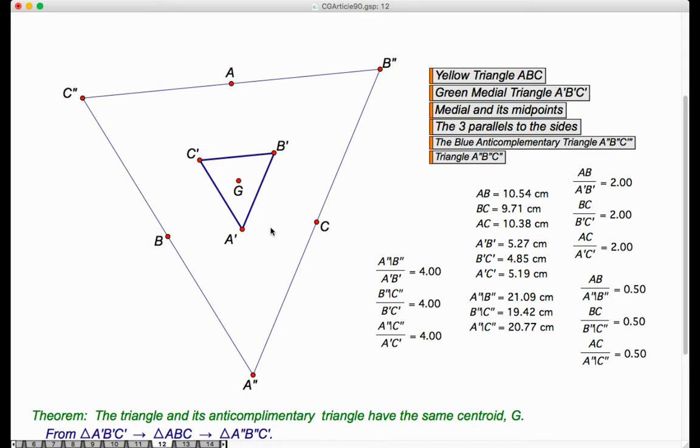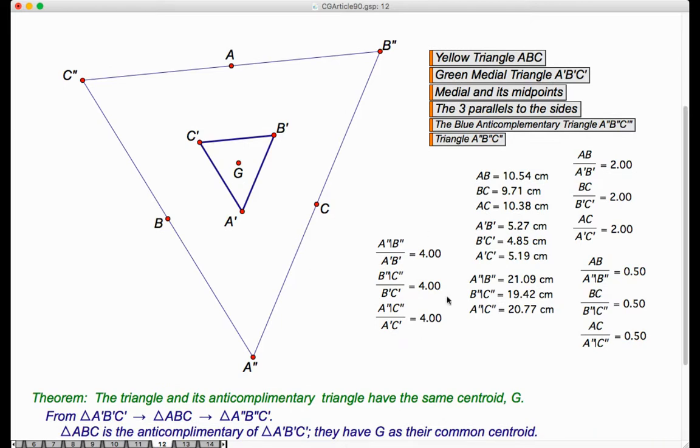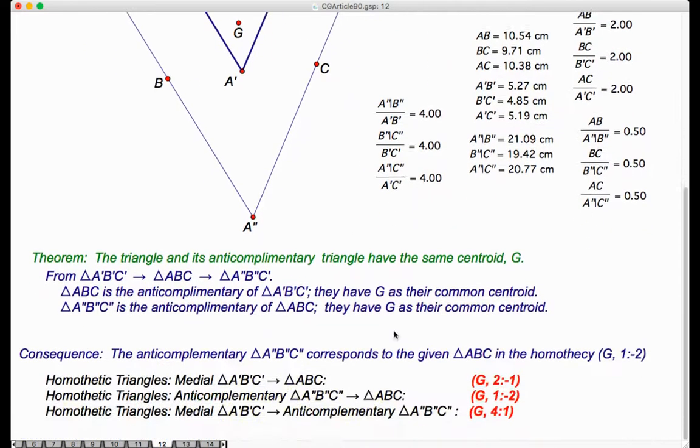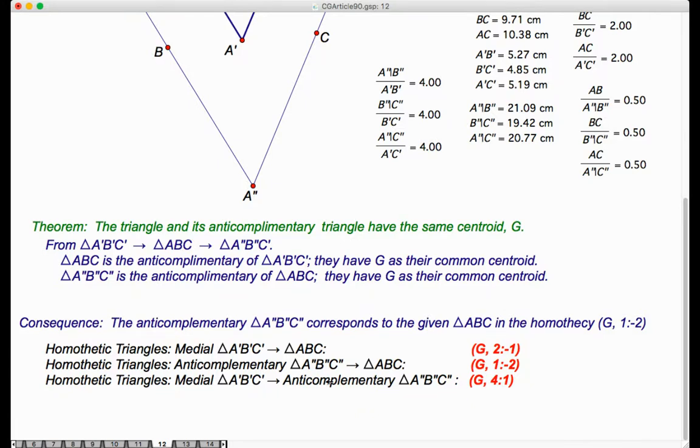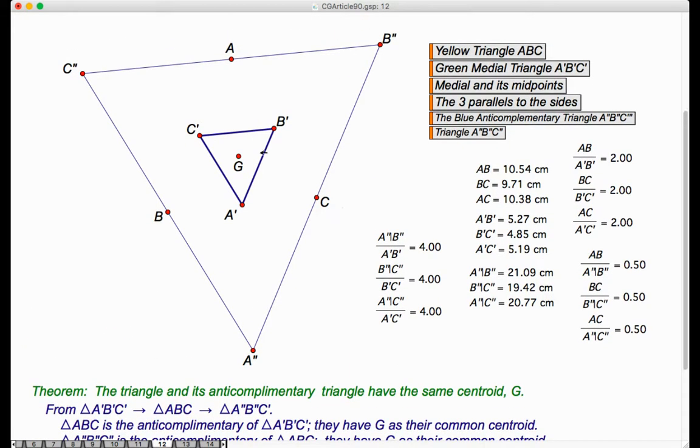With respect to, yes, so this is the medial triangle, and the big one is the anti-complementary triangle. You know that they are homothetic. Center of homothecy is G, and definitely the ratio is equal to 4 is to 1. So again, the medial and the anti-complementary are homothetic triangles, and the ratio of proportionality is 4 is to 1. And since it's direct similarity, we do not need to multiply it by a negative number.